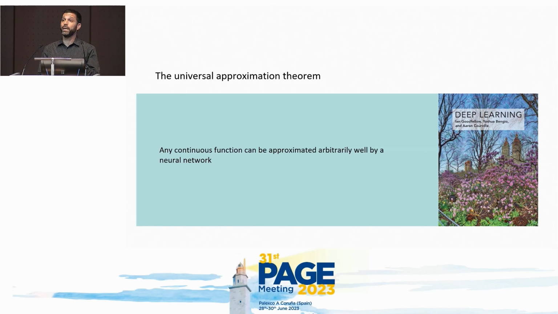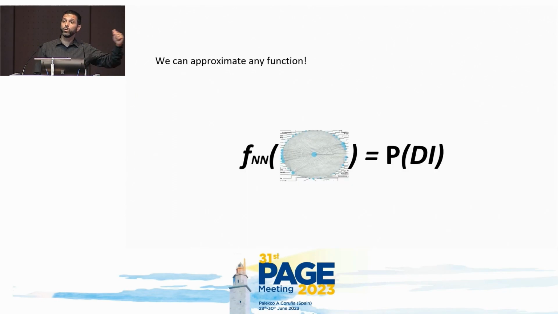And this is a really nice proof. If you really want to understand deep learning till the end, you can read the proof. It's not really hard to understand, but it really gives a great insight. Since we can approximate any function, I can go to my diabetes insipidus problem and use an approximation of f using a neural network on all those covariates to get the probability of diabetes insipidus.